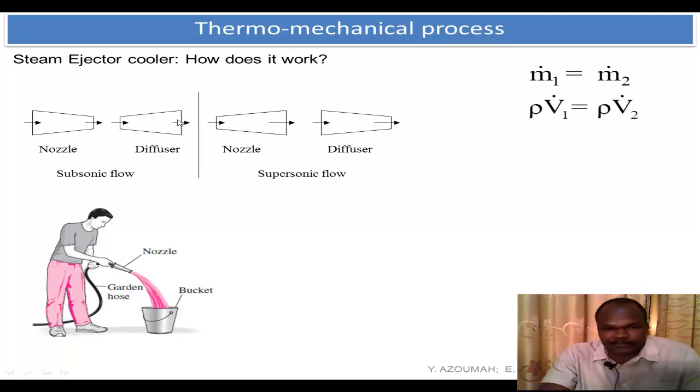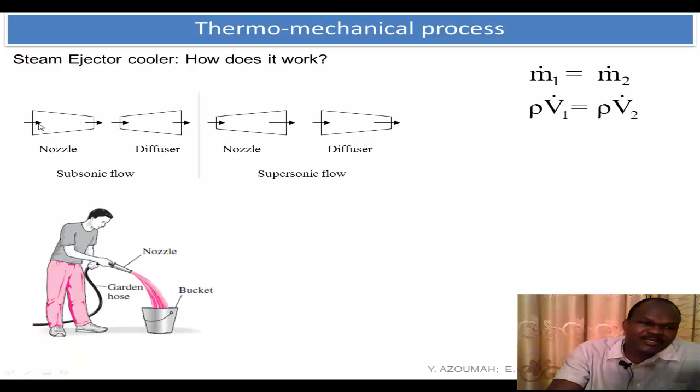So this can be explained by the following equations. You see, the mass flow rate of the fluid coming in is assumed to be the same as that going out in certain conditions, and mass flow rate is density times volume flow rate.